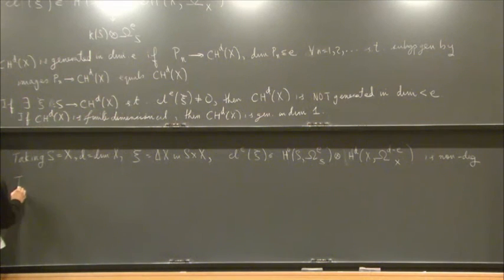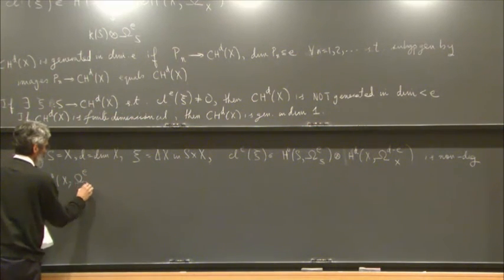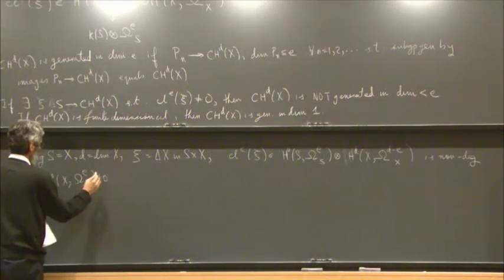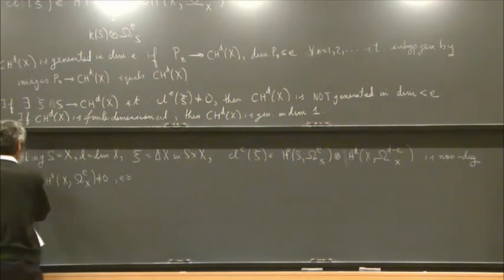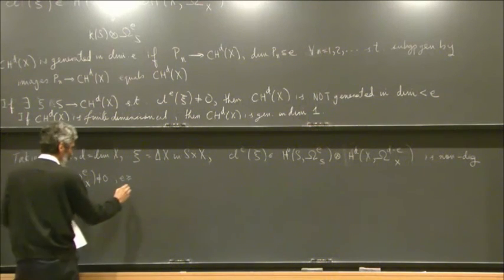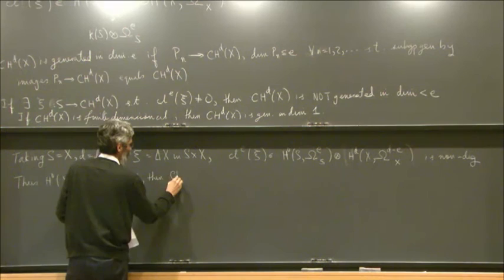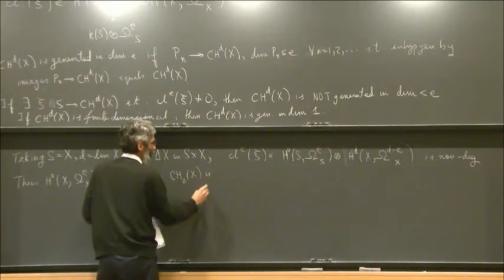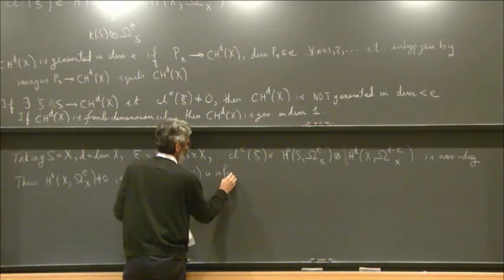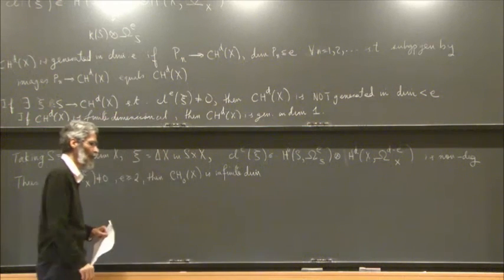So thus H naught X omega E X is not equal to 0, and if there exists E greater or equal to 2, etc., then Chow^D, which is the same thing, is infinite dimensional. So that was the statement.